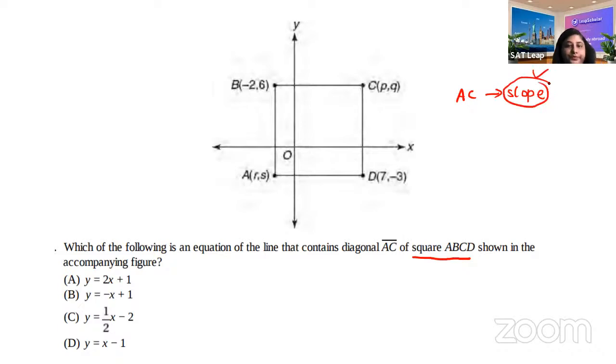I'm giving a clue. Yes, Sashi, it is correct now. Others, try to find the slope of line AC. Recall the formula, or is there any other logic we can apply?